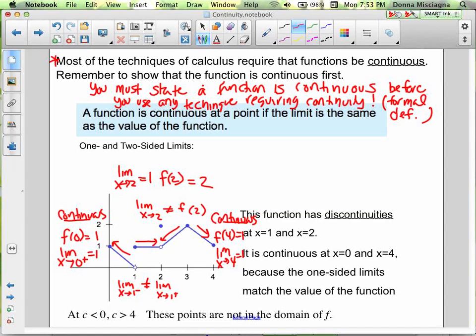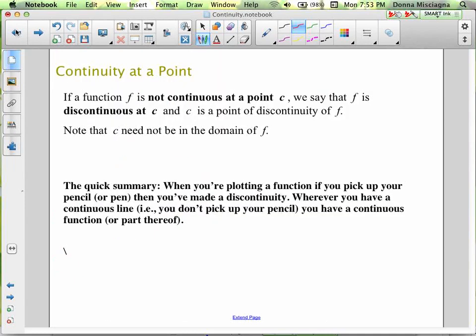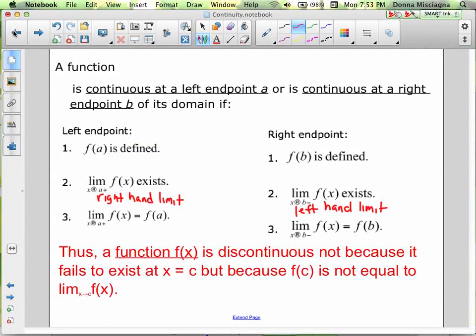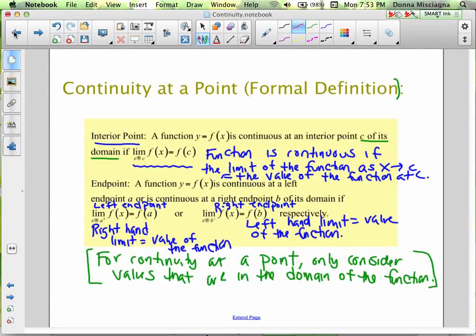Right? So now we only considered points between 0 and 4 because that's as far as the function went. That's what this means over here, my green words. So for continuity, only consider values that are in the domain of the function. You might want to draw a little arrow, because it's at the bottom of the page, that diagram, and draw to where it says we only use between 0 and 4.